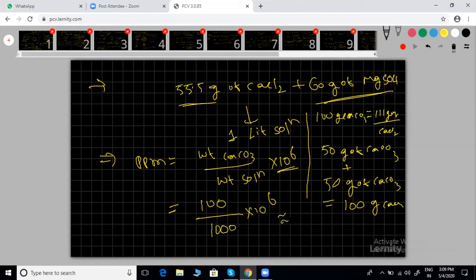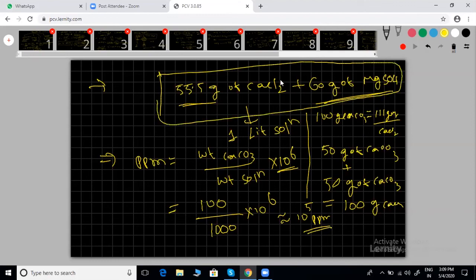So approximately this is 10 power 5, I think, approximate ppm. So my intention is simple. Even though they gave different salts, don't get confused. Add all the weights in terms of calcium carbonate, then substitute, and you will get the answer.